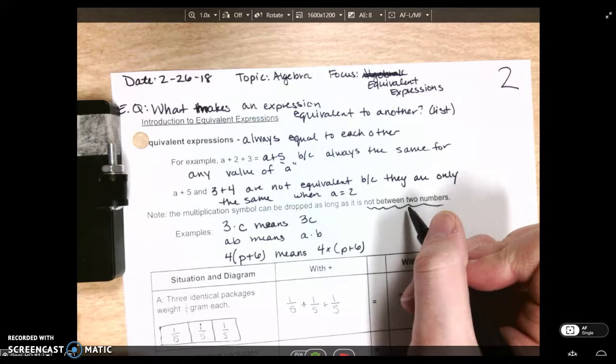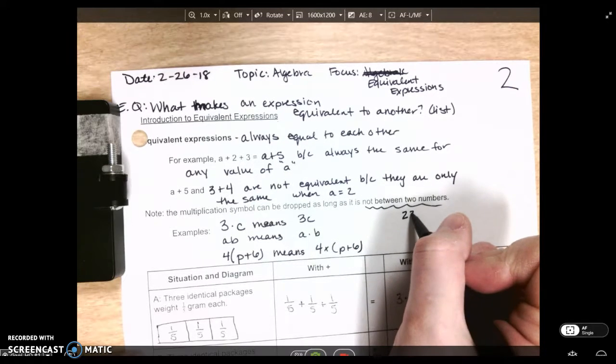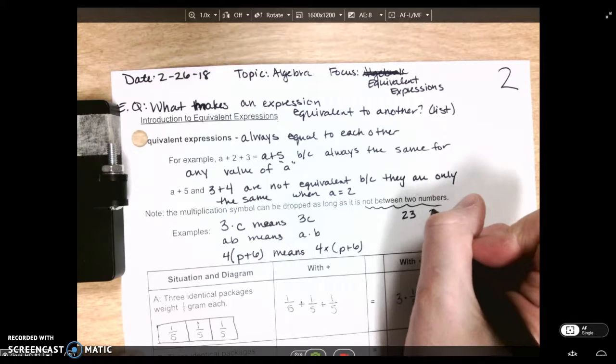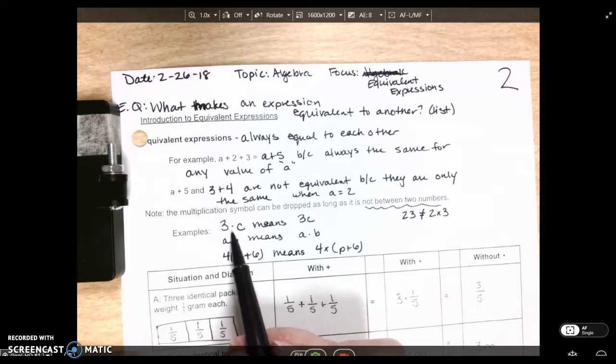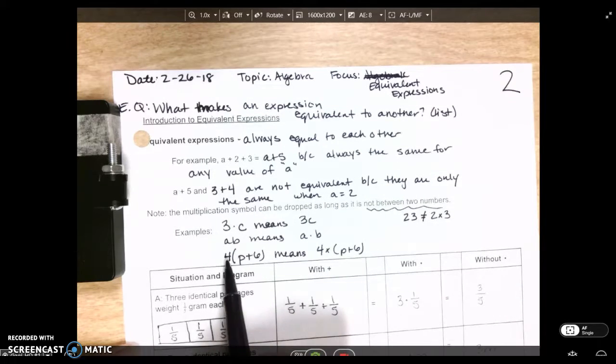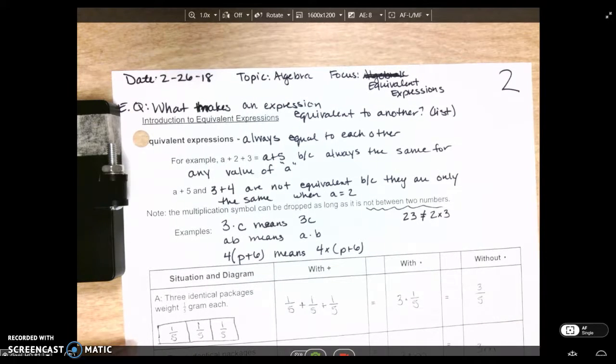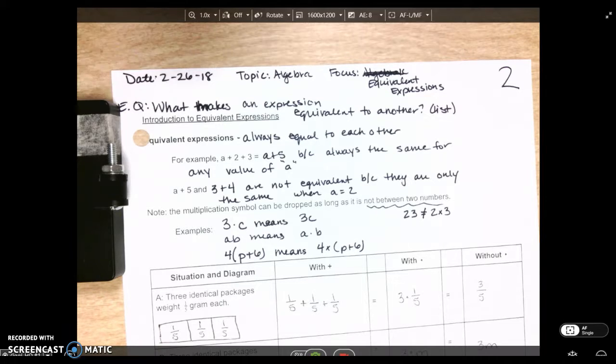Now the reason we can't do it between two numbers, we'll take a look. Here's 23. Is that the same thing as 2 times 3? No. So we can only do it between a number and a variable, or two variables, or a number and something grouped in parentheses. So that's just a notation I wanted to make sure that you were comfortable with because we're going to be using it.